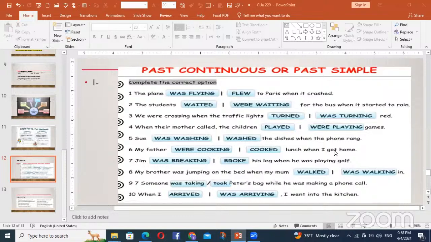Okay. But is it right? It is supposed to be was, right? And it is not was. So do we choose it?